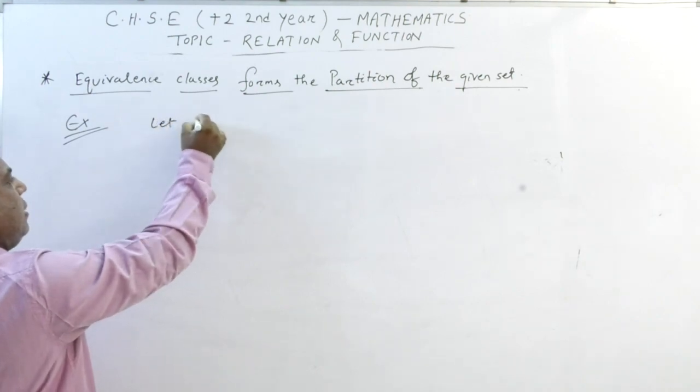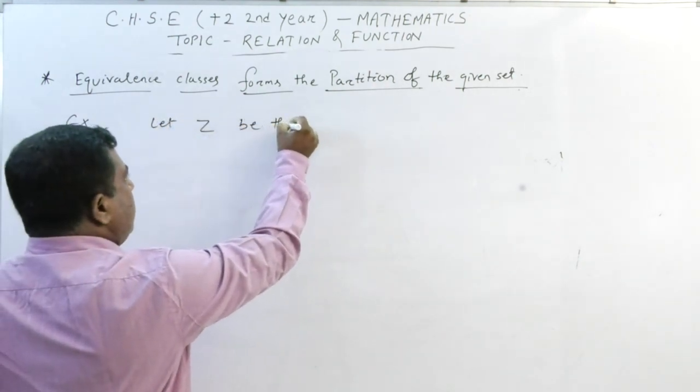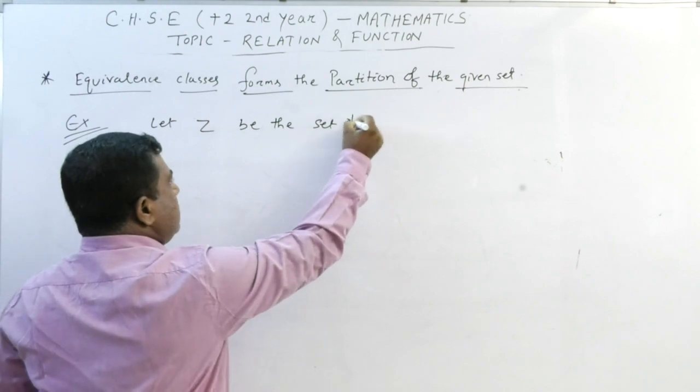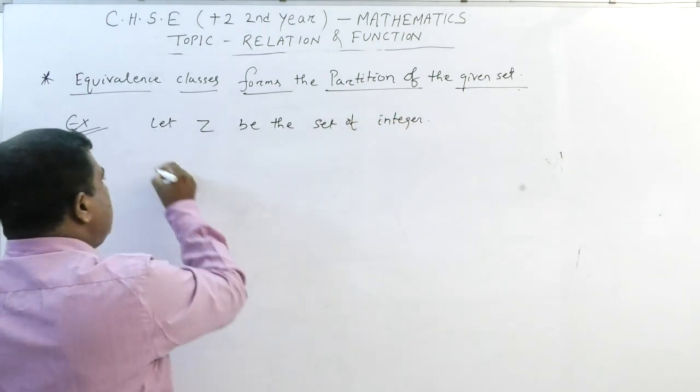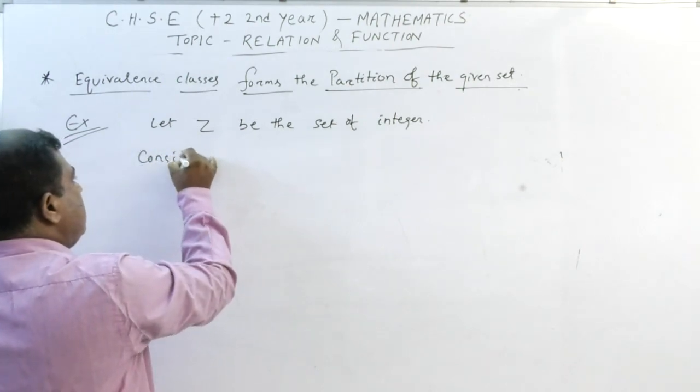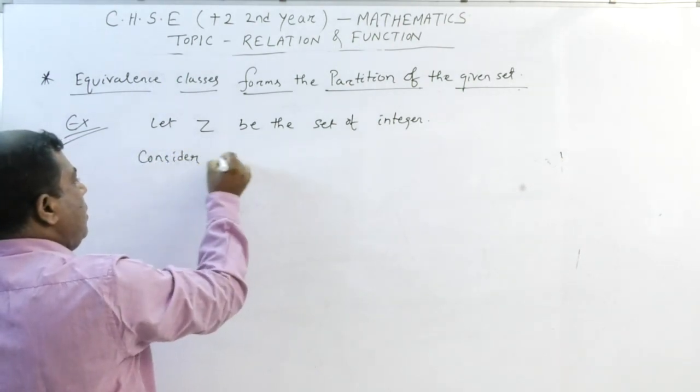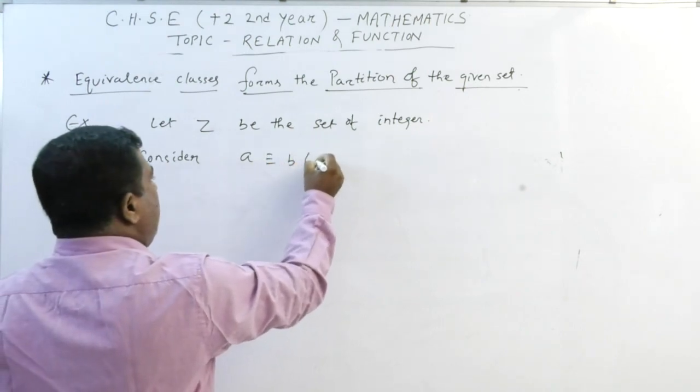Let Z be the set of integers. Consider a is congruent to b modulo 3.